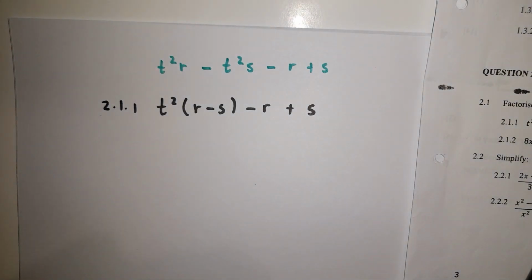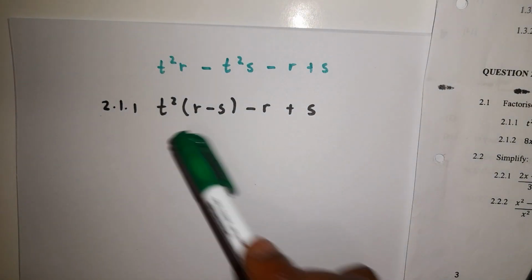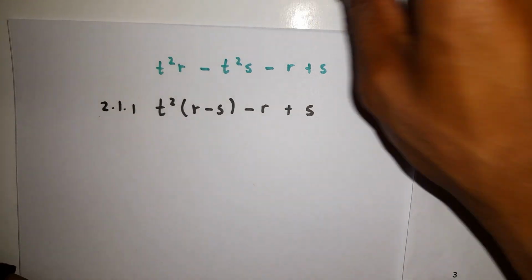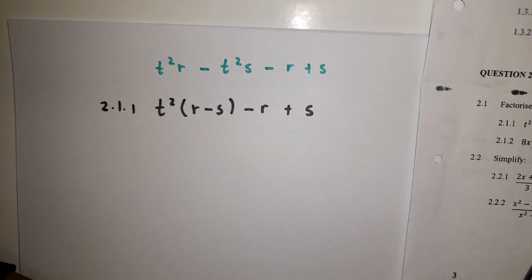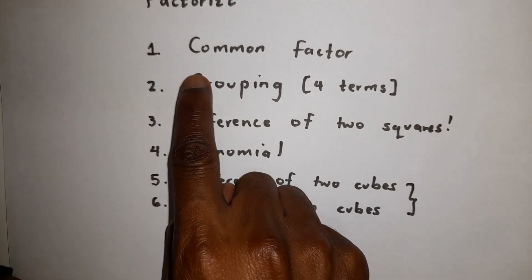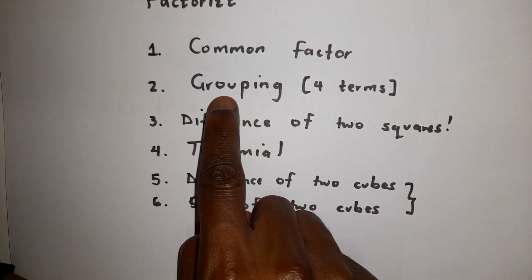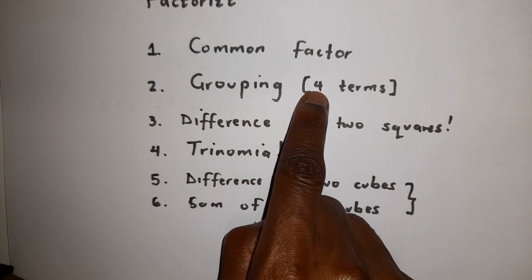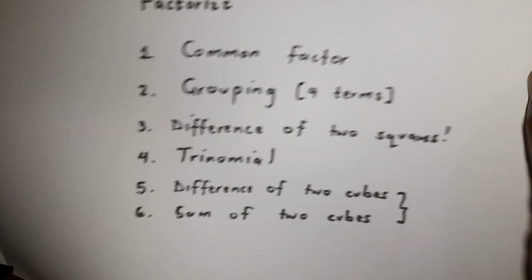If I were to just multiply these two out, this is what I would get. And already, grade 10s, I see that from the 6 techniques I can use to factorize, definitely can be a common factor, but I see 4 terms, so it means I can use grouping.